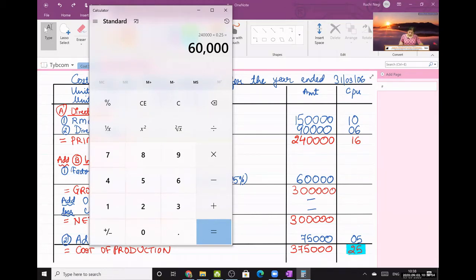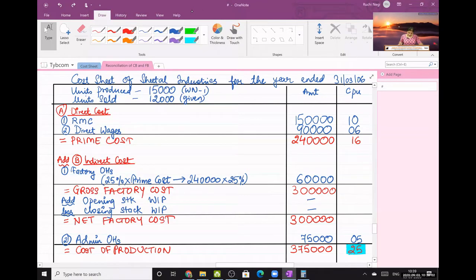Take it with the previous total. That is prime cost 2,40,000. My answer is 3 lakhs. That's my gross factory cost. Add opening closing WIP, not given. Put a dash. So my gross and my net factory cost is one and the same.